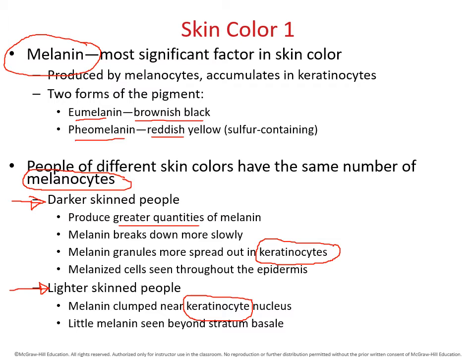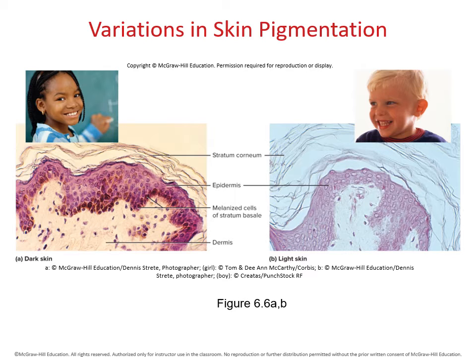So I can show you this a little bit better on a histology slide. So let's just click on over. Here you go. Let's take a look at someone that genetically is dark skinned versus light skinned. Now notice in their epidermis, same amount of cells, however, their cells are differently stained. In an individual with a dark skin tone, we see that their epidermis has a brighter purple, pinkish format.